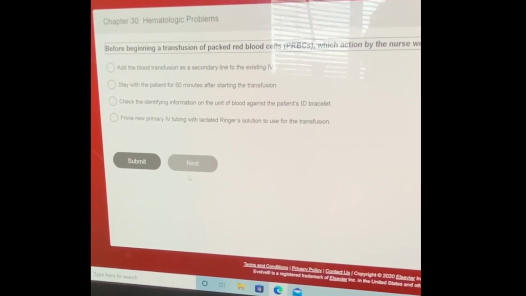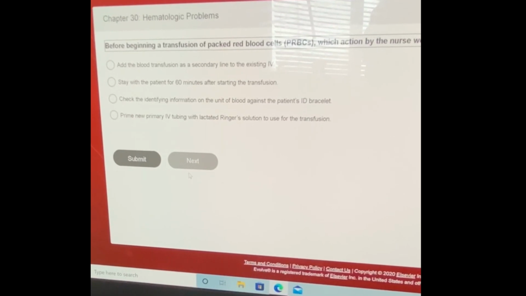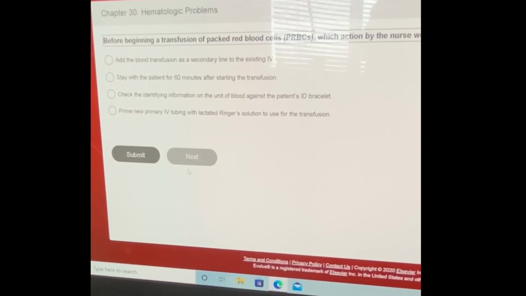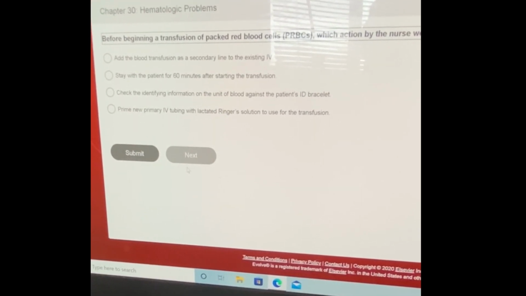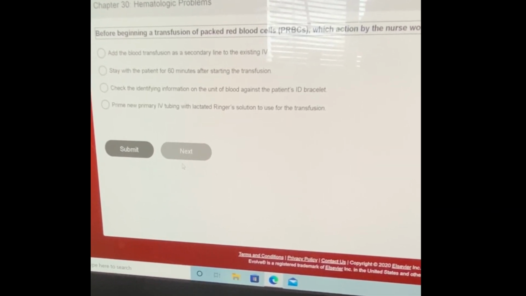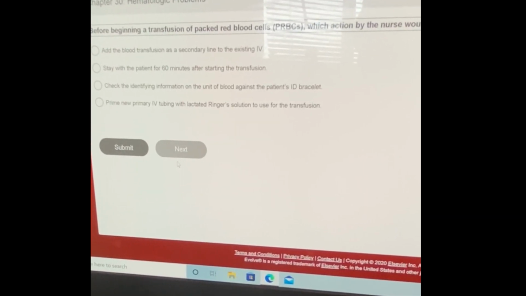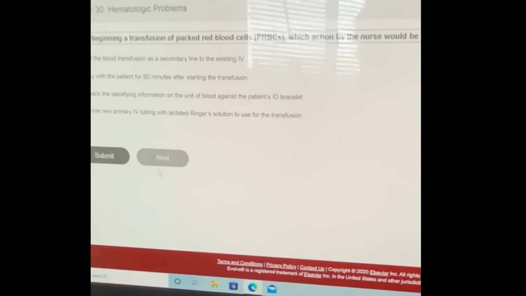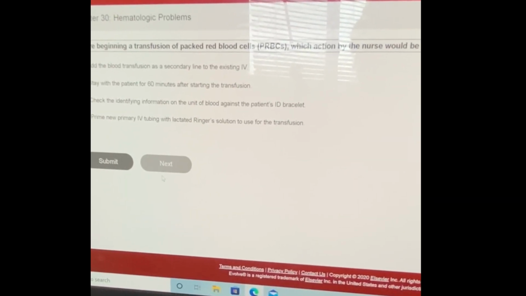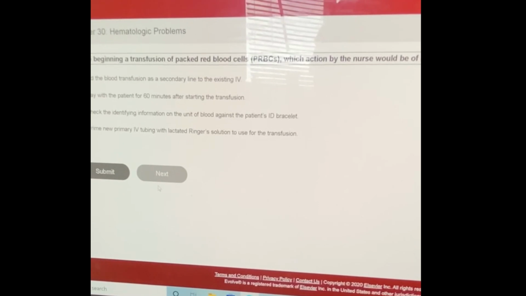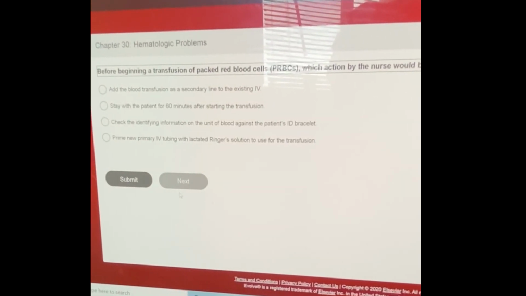Add the blood transfusion as a secondary line to the existing. Okay, stay with the patient for 60 minutes. Check the identifying information of the unit. Prime new primary IV tubing with lactated ringer solution for 60 minutes after starting the transfusion.